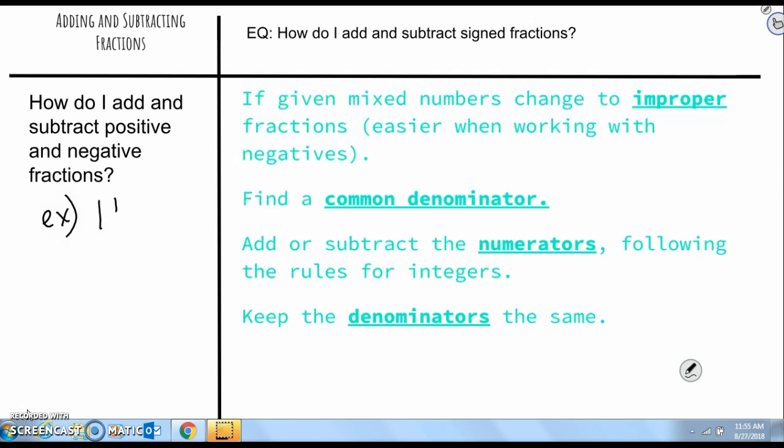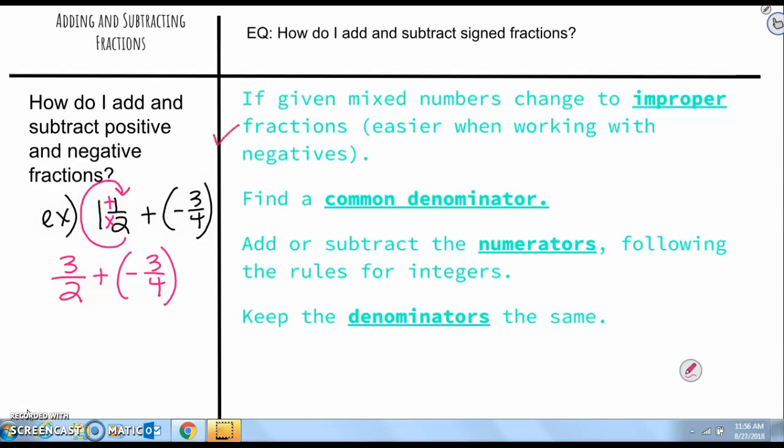For example, if we have 1 1/2 plus negative 3/4, the first thing that we're going to do is change our mixed number into an improper fraction. This is where we multiply the denominator times the whole number, and we add the numerator. 2 times 1 is 2, plus 1 is 3/2, plus negative 3/4.